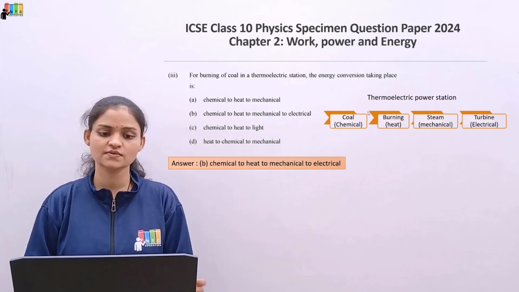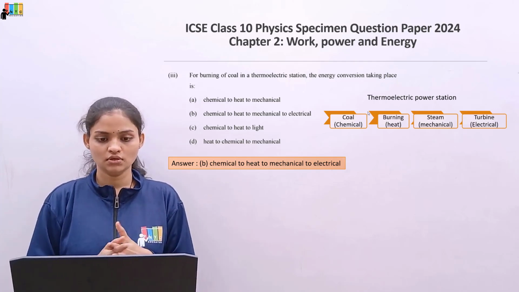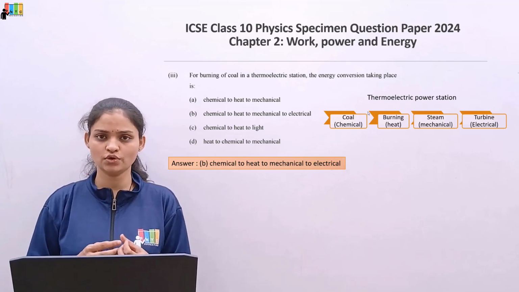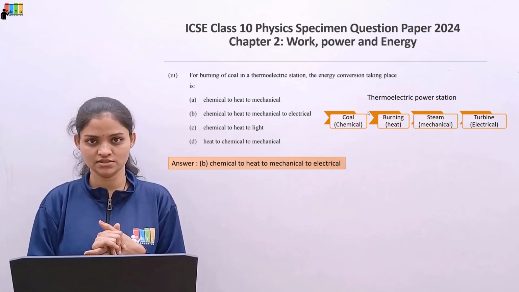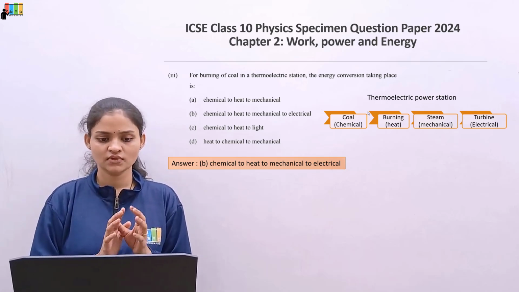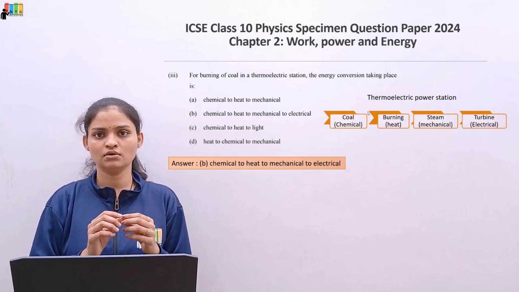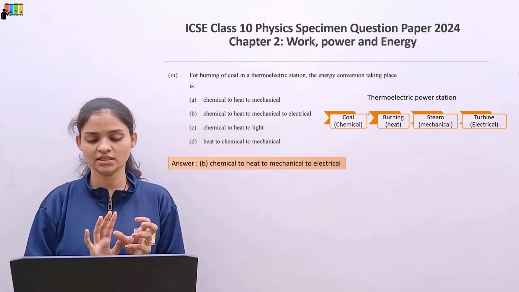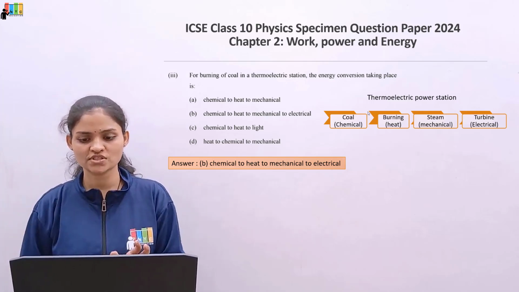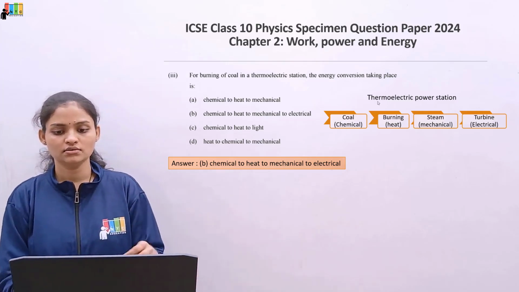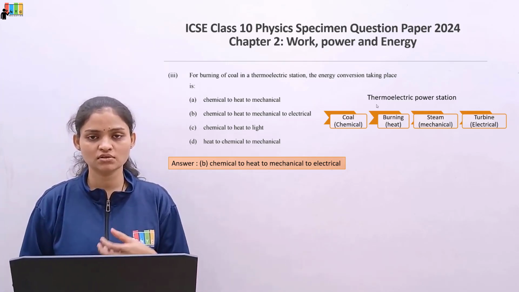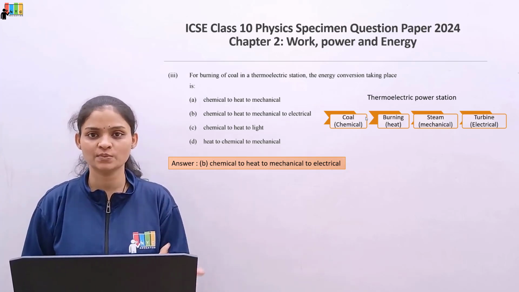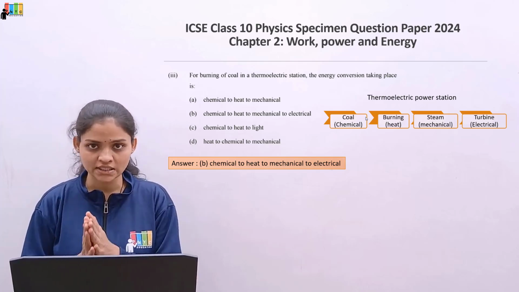So how is this burning of coal? In a thermoelectric power station, we use coal to ultimately get electrical energy, right? So there is conversion of energy from coal to electrical energy. When we burn the coal, some chemical reaction is happening. So first is chemical energy, and after burning heat is produced.